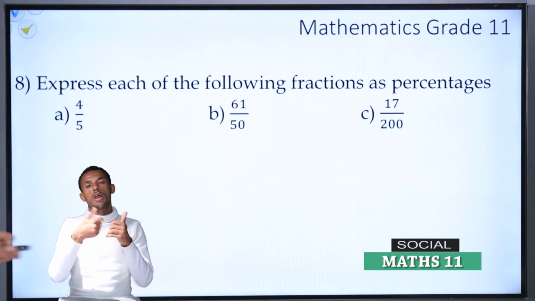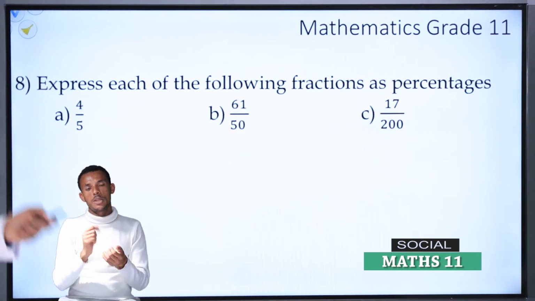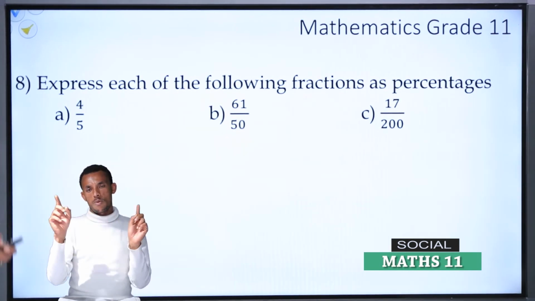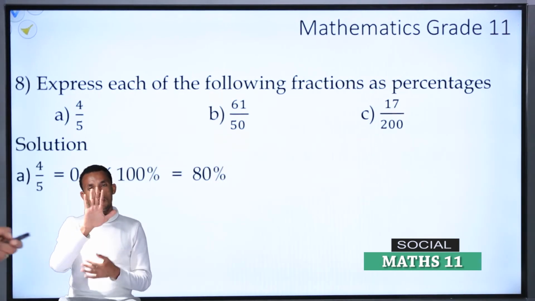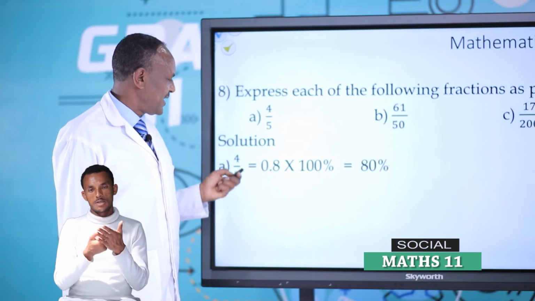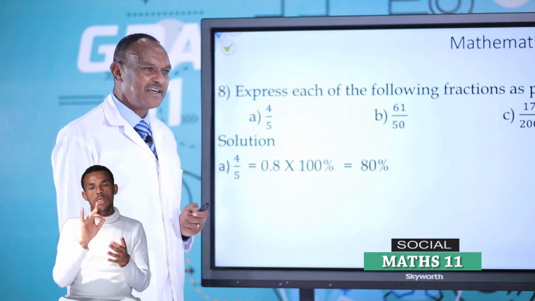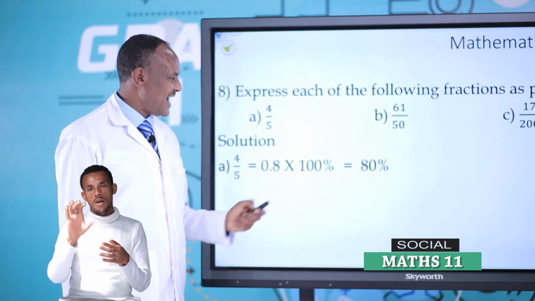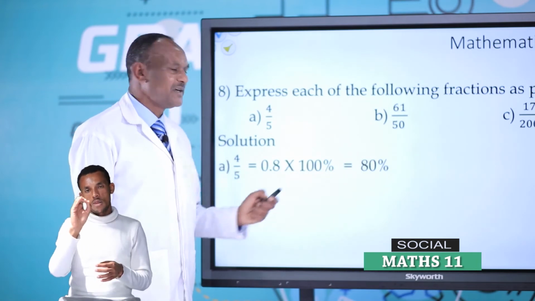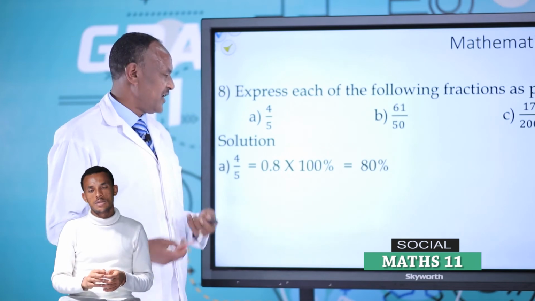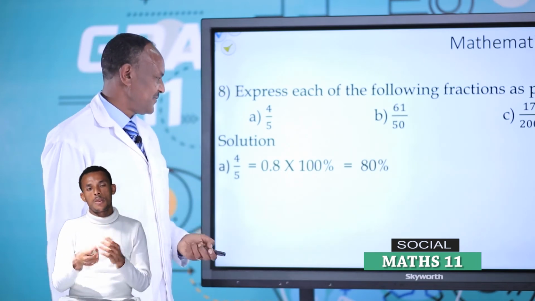When I express them in terms of percentage, the denominators must be out of 100. If you take, for example, 4 over 5, when I express it in decimal form, it is 0.8. Multiply this value by 100%. So 0.8 times 100 gives 80. The student has scored 80% if you are interpreting in terms of marks.